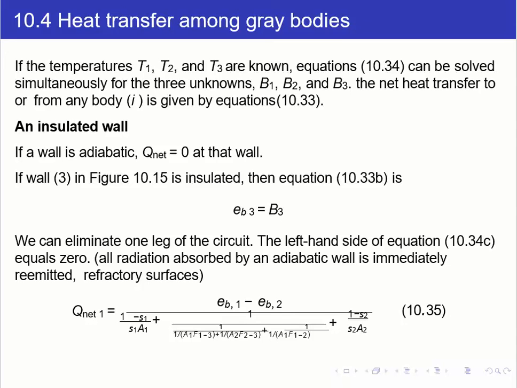Then we can calculate this flow of heat, that is (EB1 minus EB2) divided by [(1 minus S1)/(S1 A1) plus 1/(1/(A1 F13) plus 1/(A2 F23)) plus 1/(A1 F12) plus (1 minus S2)/(S2 A2)].